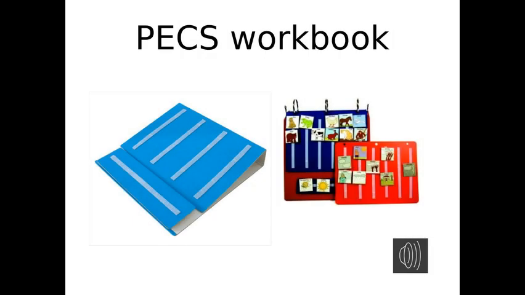If your district, the SLP, or the IEP team decides that PECS are going to be the student's primary means of communication, or that's what you're going to start using before transitioning to an electronic device like an iPad, it might be worth it to invest in a PECS workbook. Generally you can order these online. They're around $20 to $30.